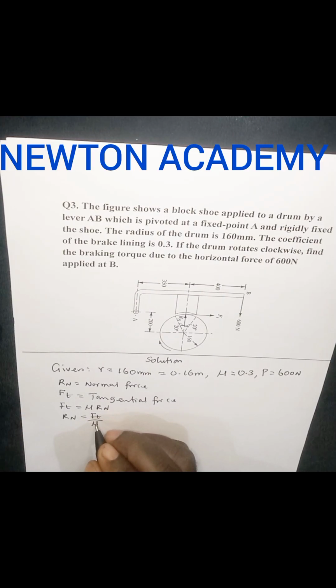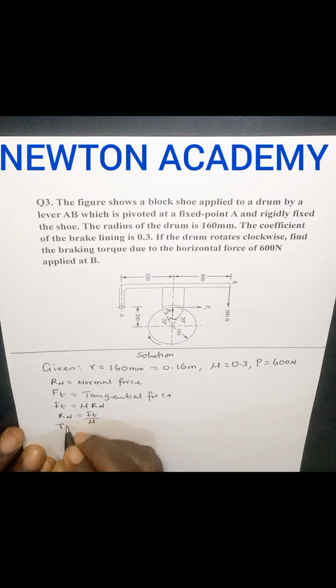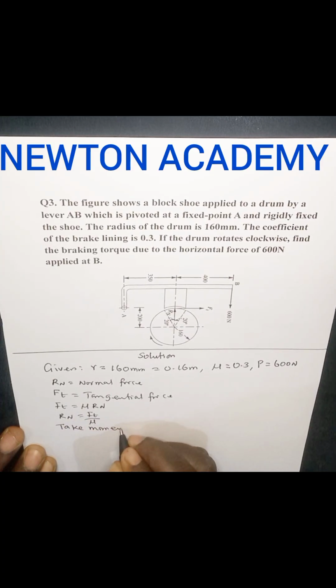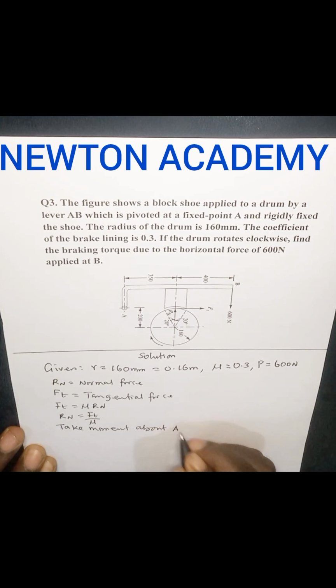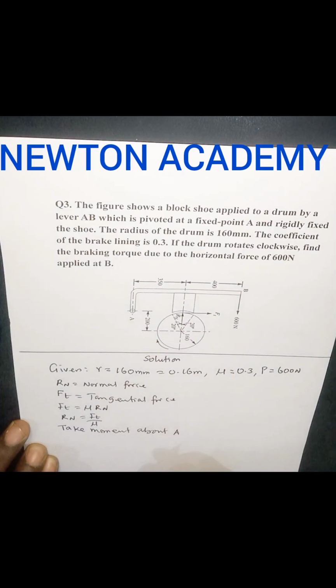Then the next thing we'll do is we are going to take moment about A. So we are going to take moment about this point A. Now, we have three forces as usual.